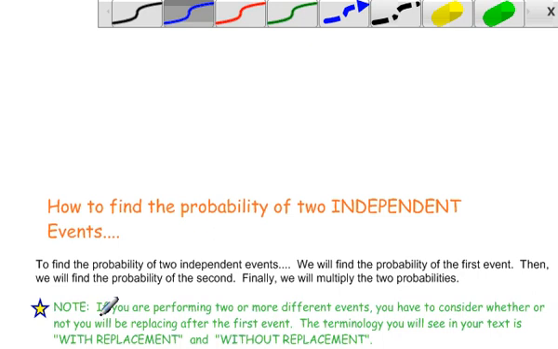One thing I wanted to note at this point in the lesson, that if you are performing two or more different events, you have to consider whether or not you will be replacing after the first event. The terminology that we will use in our text is with replacement and without replacement.